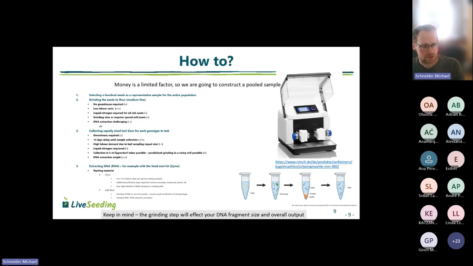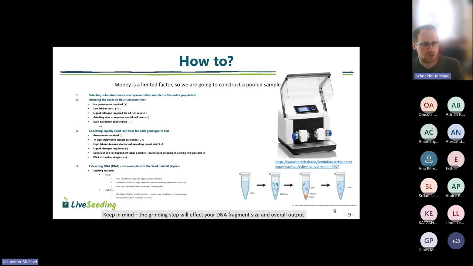The other thing you can do is collect fresh leaf tissue. The problem here is that you have to have equally sized leaf discs. You have to think that the DNA amount that you put into this pooled sample for these 500 or 1,000 genotypes should ideally be identical for each genotype.